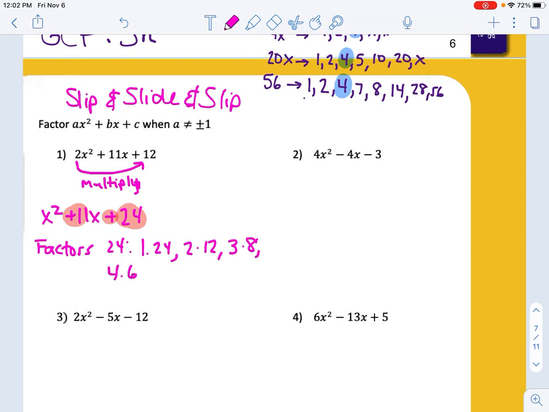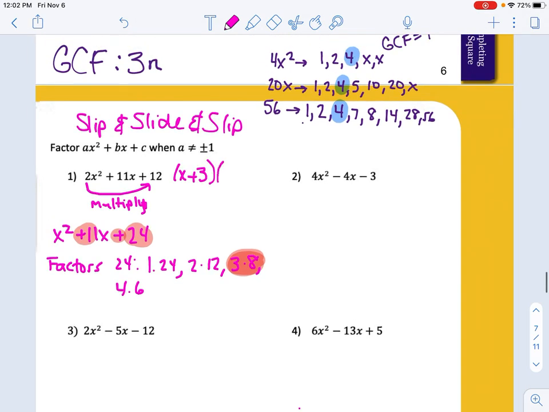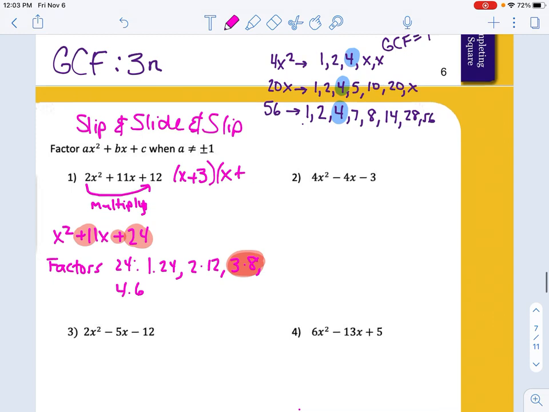We have 4 and 6, and I believe that is all of them. Now, we just look and see which one of these groupings will add to positive 11, and we notice 3 and 8 will. So we can go ahead and put these in our parentheses set, x plus 3, x plus 8.